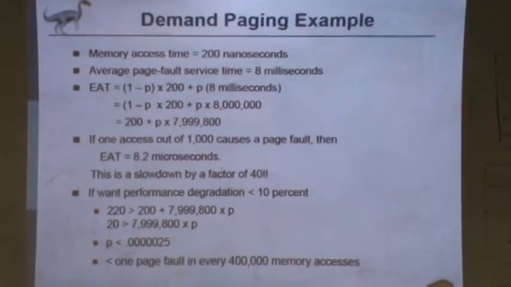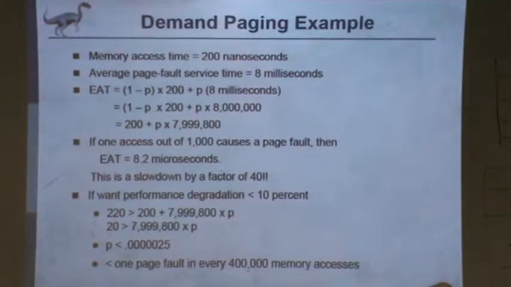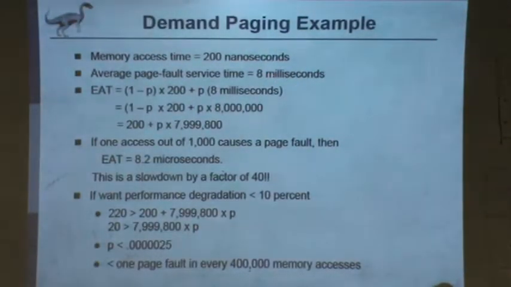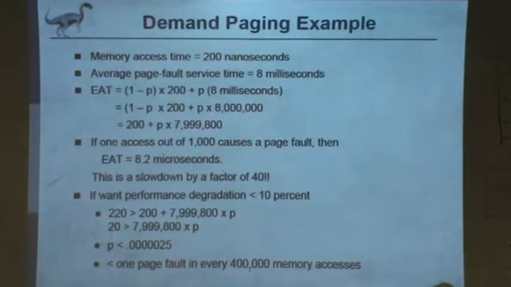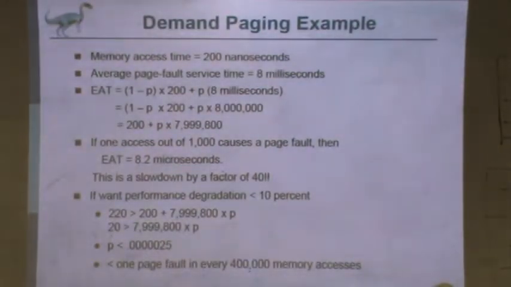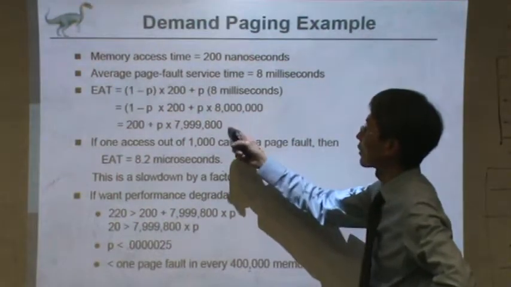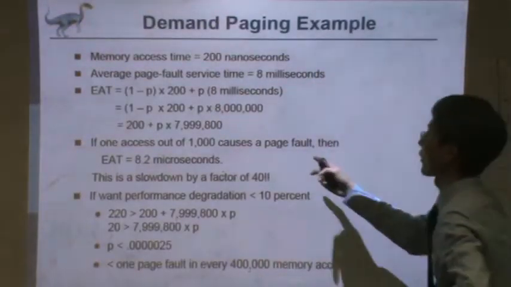So for example, if the memory access time is 200 nanoseconds and the page fault service latency is 8 milliseconds, which is huge, much bigger than 200 nanoseconds, then at that time you can calculate the EAT, the effective access time.